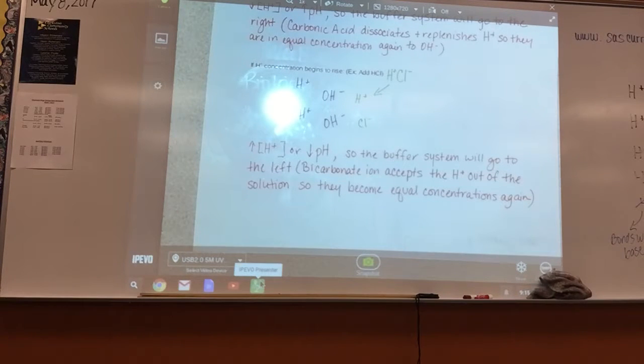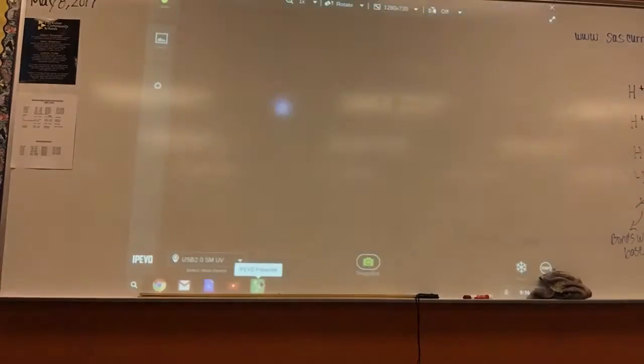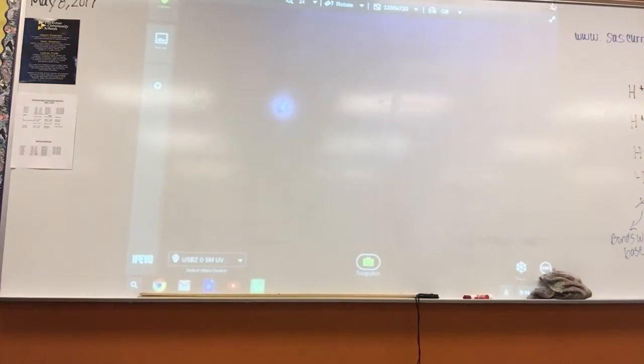If you have a solution with a pH of 5.2, there are buffers that will maintain that 5.2. If it gets too acidic or basic beyond that, the buffer will work to bring it back to its original pH. And so that's how buffers work. Very, very important in living organisms to maintain homeostasis with pH.